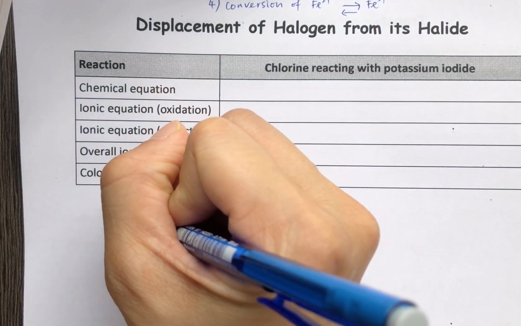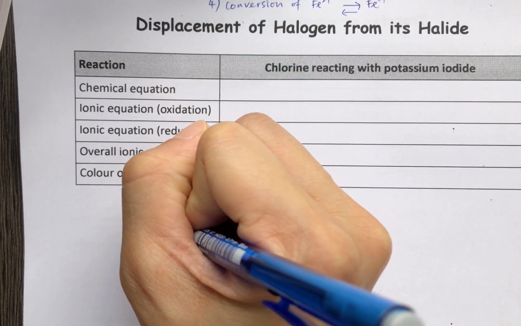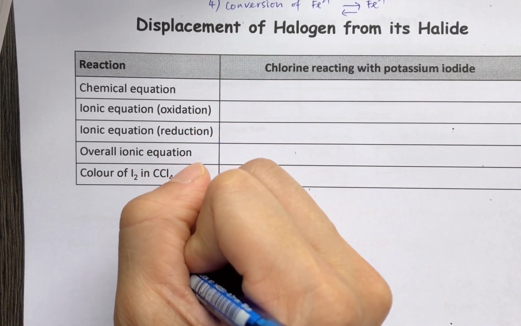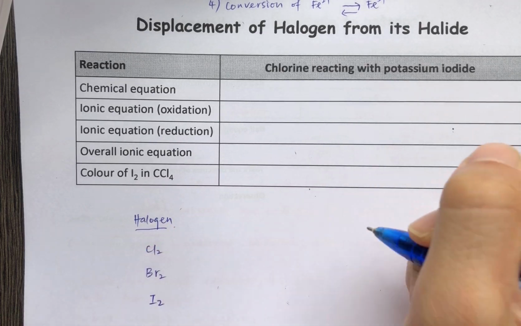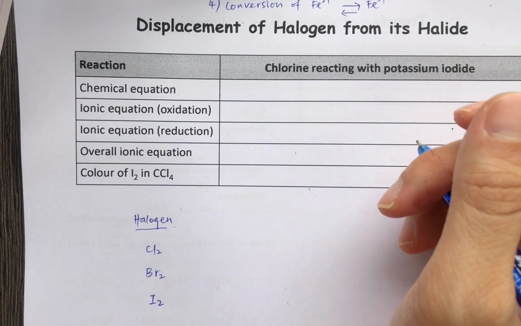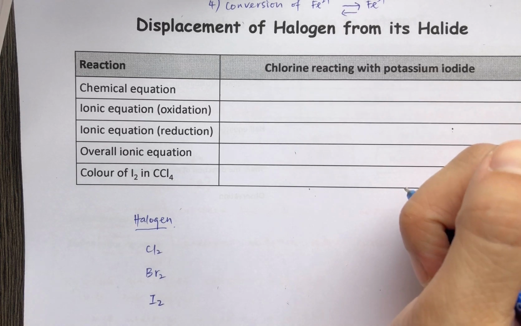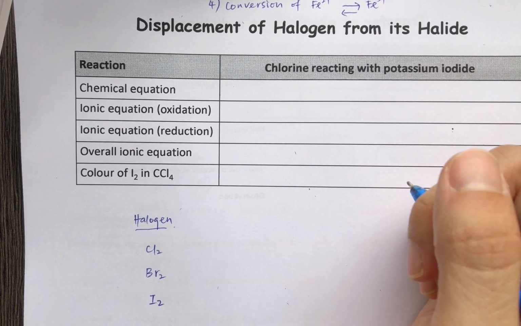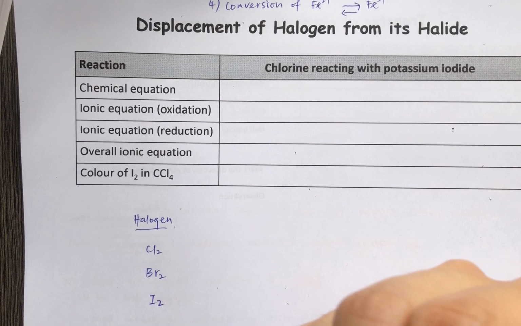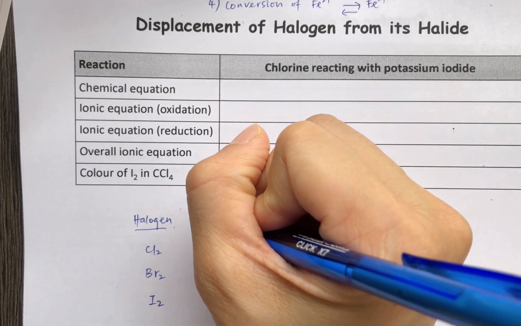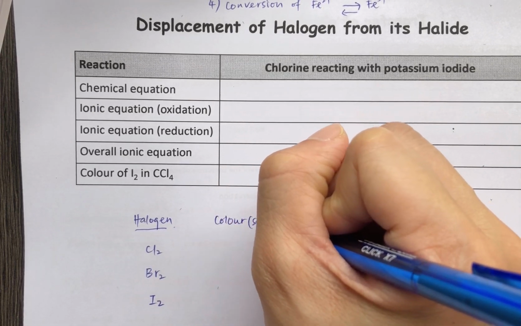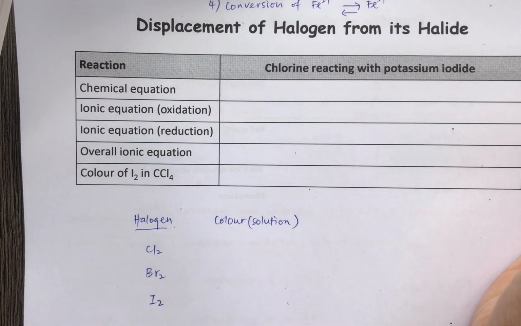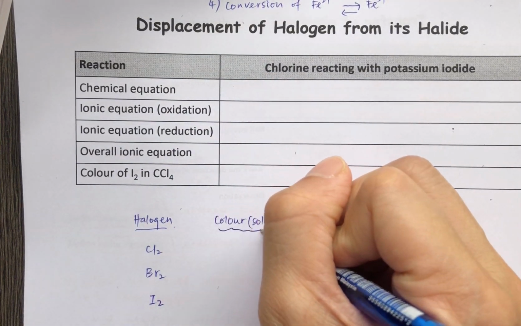First, I'll list down my halogens: chlorine, bromine, iodine. They are a bit special because their solutions are colored. So we have to jot down the colors for each of these solutions. When I have chlorine water, bromine water, and iodine solution, what color will it be?